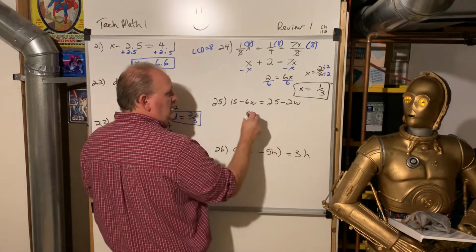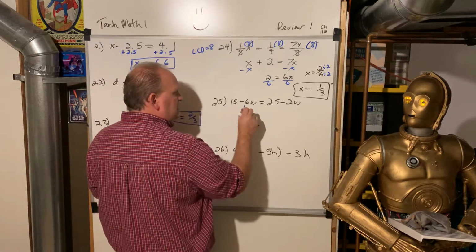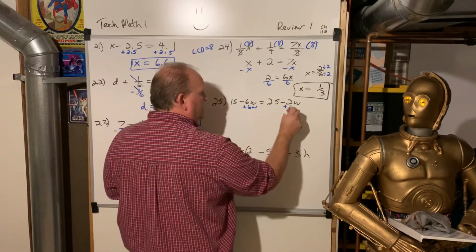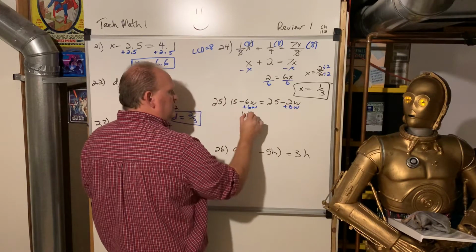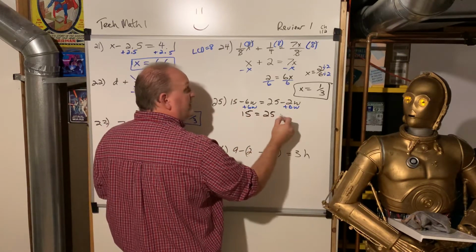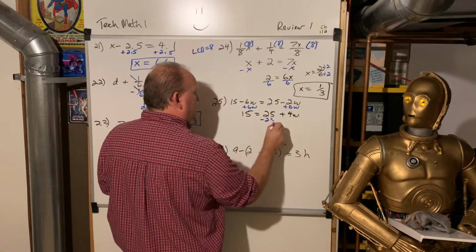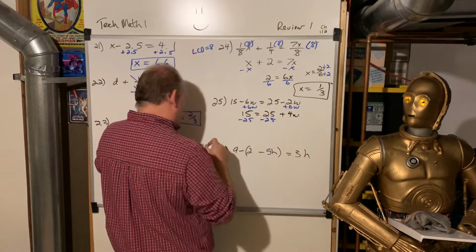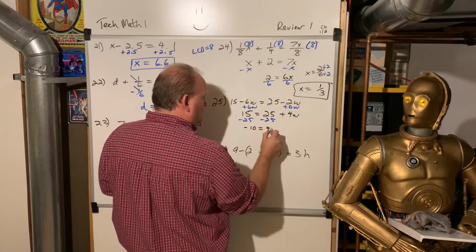Two-step equation. You can move the variables to this side and the numbers to that side or vice versa. It doesn't matter. I'm going to move my variables to the right side so I get to end up with a positive there. So 15 is equal to 25 plus 4w. And then subtract 25. And then I got -10 equals 4w.